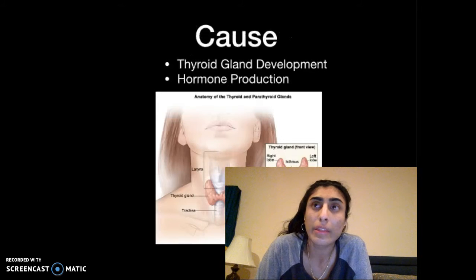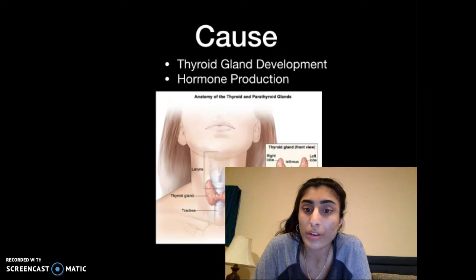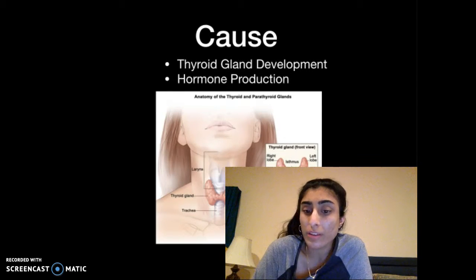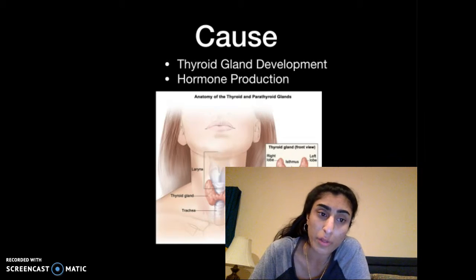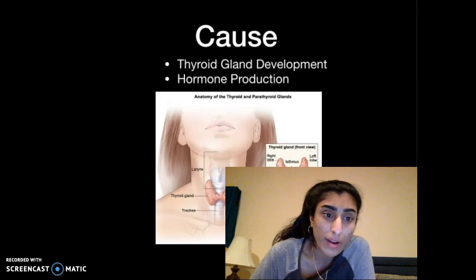Causes of this disorder are issues with the development of the thyroid gland or production of the thyroid hormones.